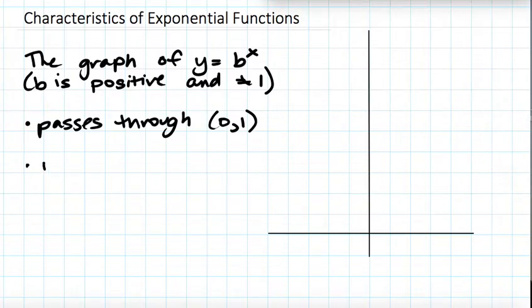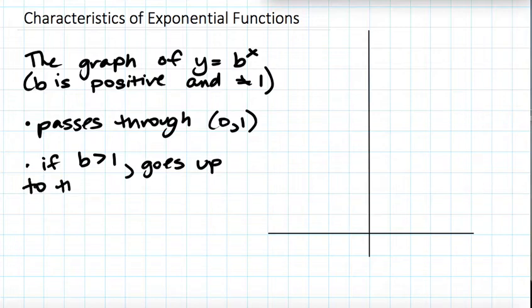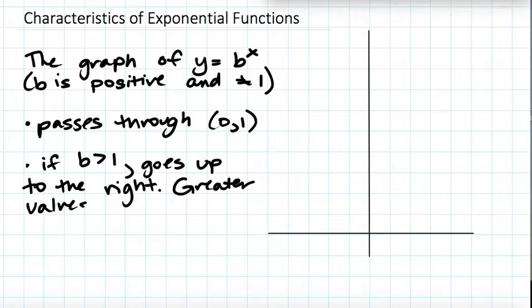If b is greater than 1, then the graph is going to go up as you go from left to right, and greater values of b make the graph steeper.